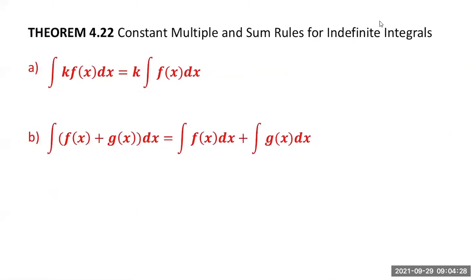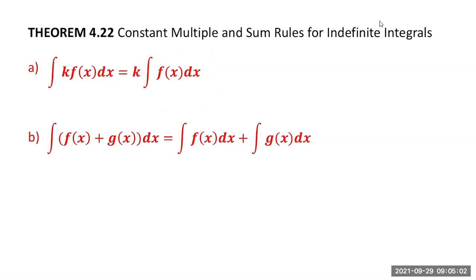All right, next theorem I want to go over is theorem 4.22, constant multiple and sum rules for indefinite integrals. This is very similar to the rules that we had in the definite integral section. If you have a function k times f of x, then the indefinite integral of this function k times f of x is k times the indefinite integral of f of x.